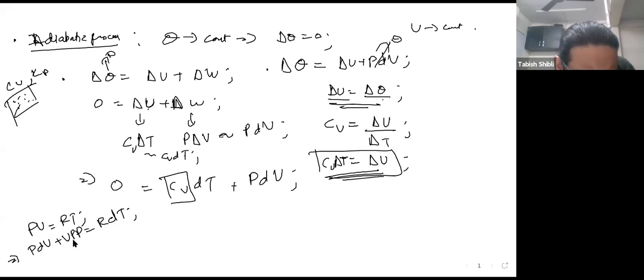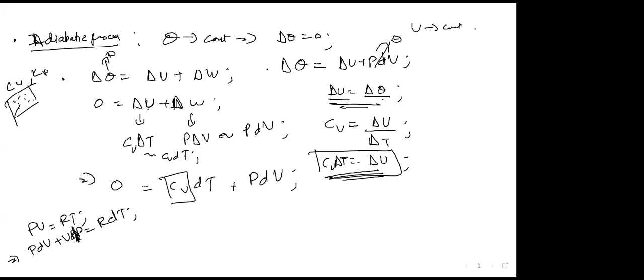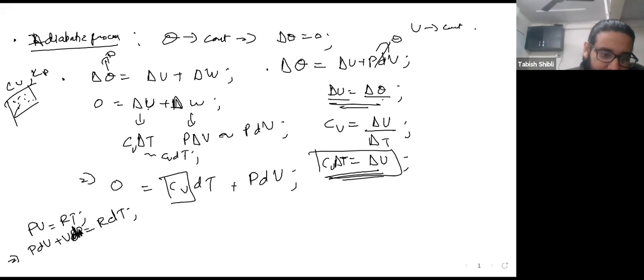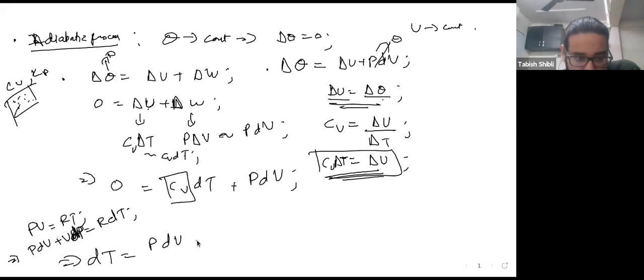I wrote something wrong here. It won't be minus, minus R dT. Why minus? Okay, okay, sorry, I thought that was a plus in between. No, this is dP, V dP, right? Okay, this is R dT. So what I can do is write dT is equal to P dV plus V dP divided by R, and I can use this to substitute inside here.